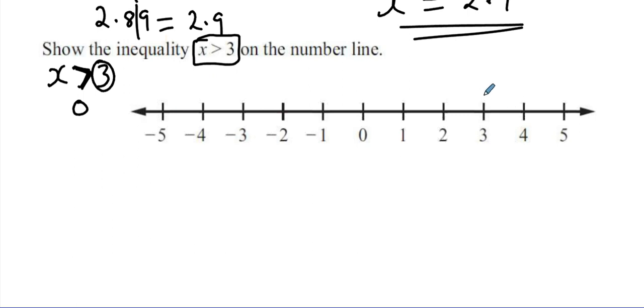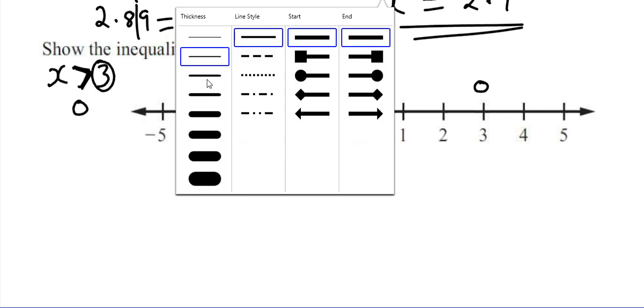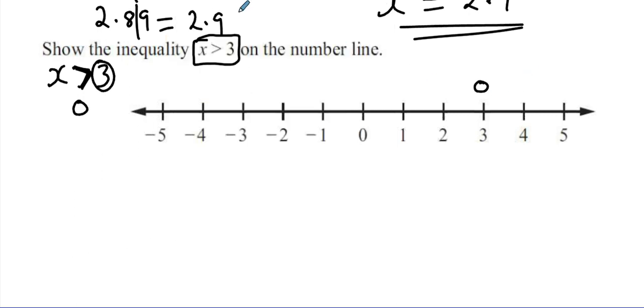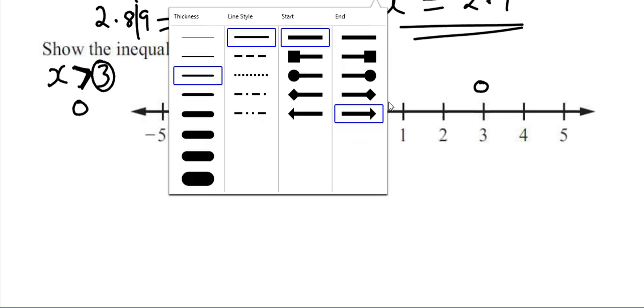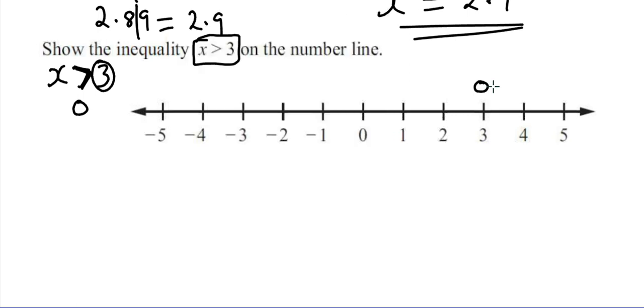So you just make an open circle at 3, and then you take your ruler and draw the line which is all the way bigger than 3, heading to the right hand side.